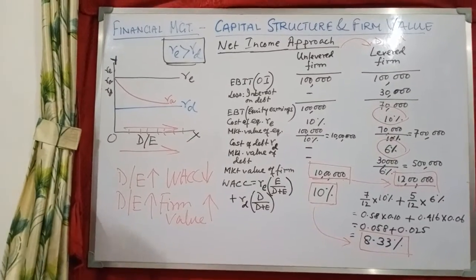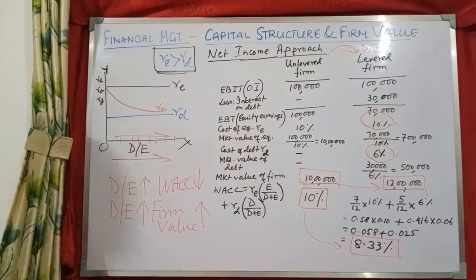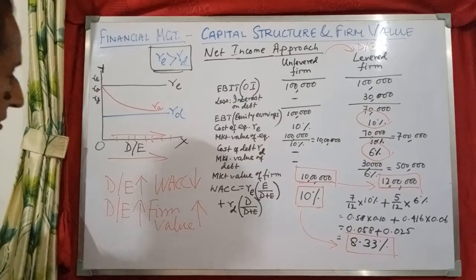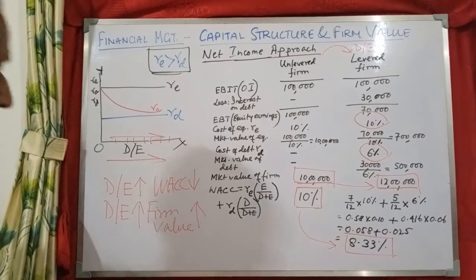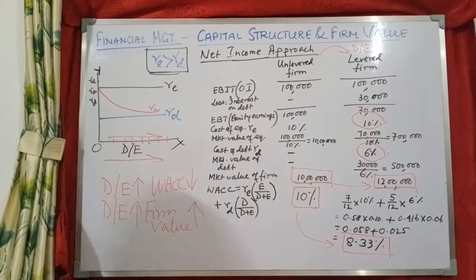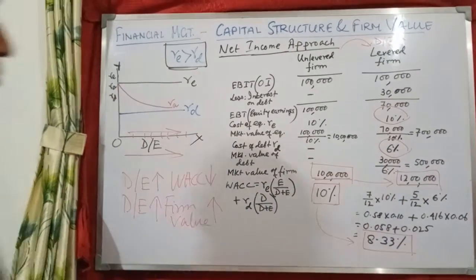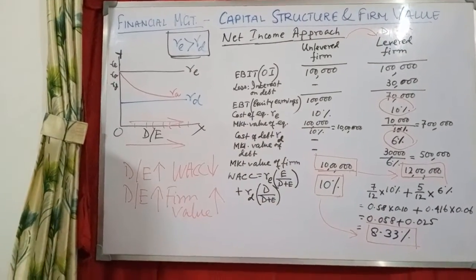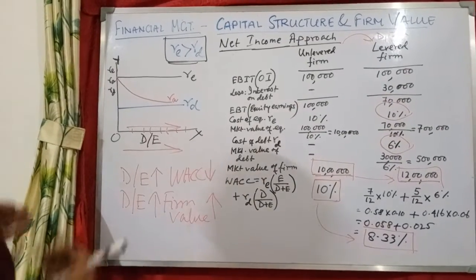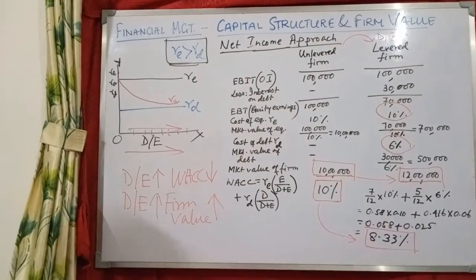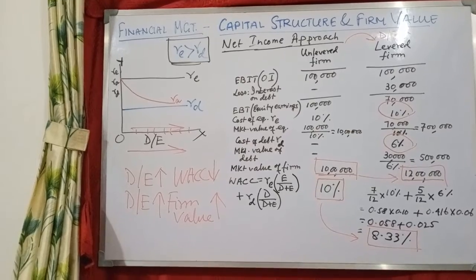Why does this happen? This happens due to more weight of debt relative to equity in the capital structure. Since cost of debt is lower than cost of equity, more debt in the capital structure will bring down the weighted average cost of capital, WACC, that is RA.